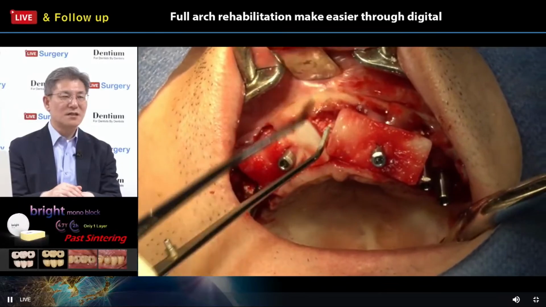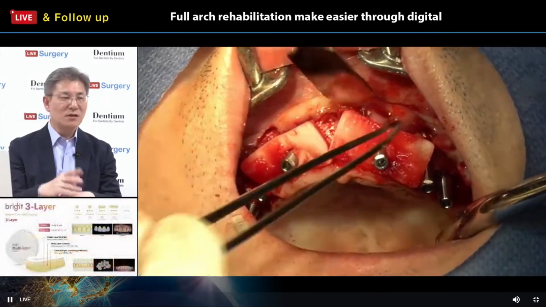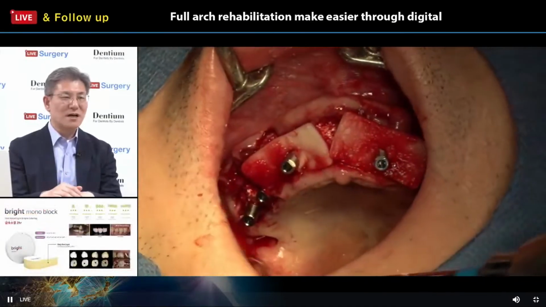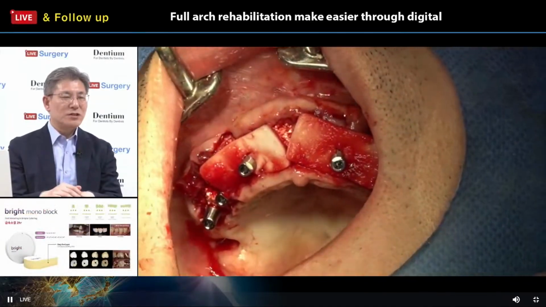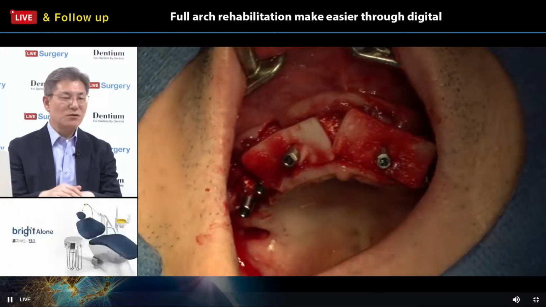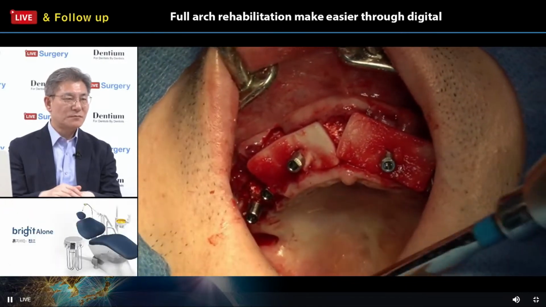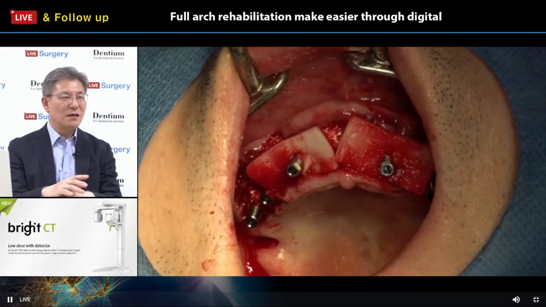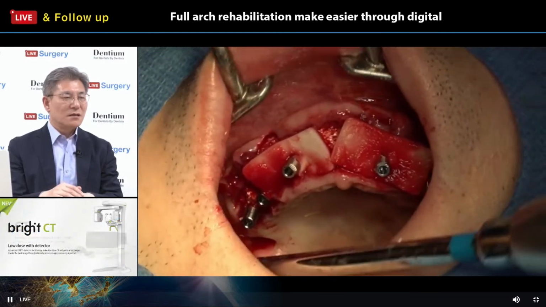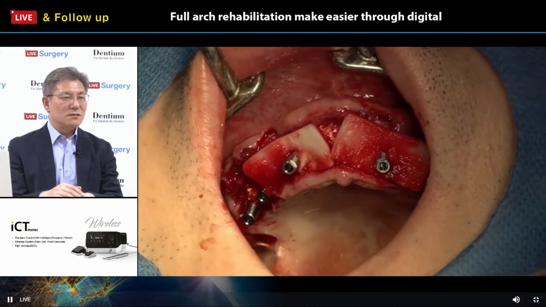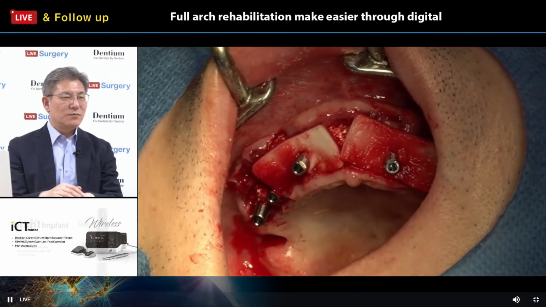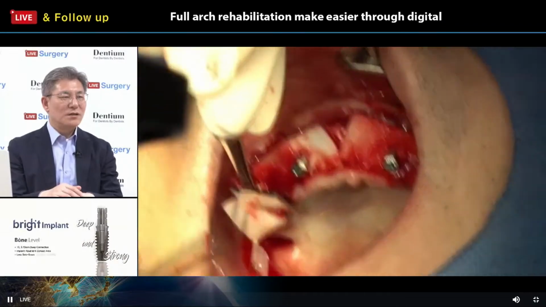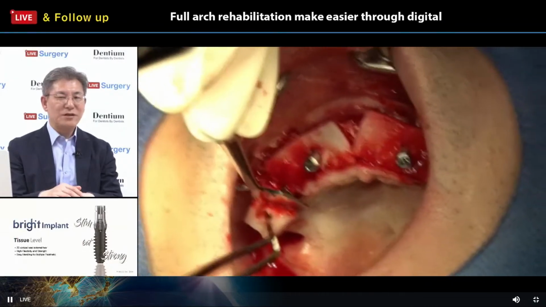After that, this collagen graft, as I introduced before, covers the whole bone grafting area. He puts the collagen graft over the grafted area.